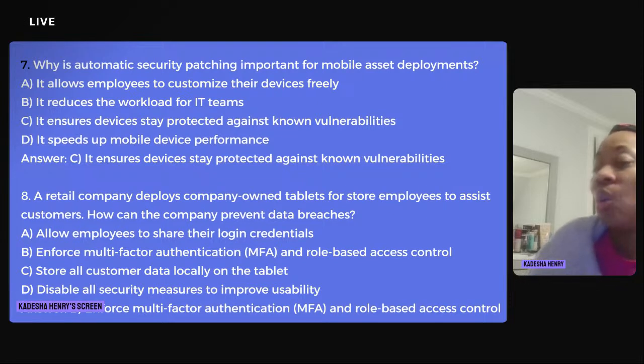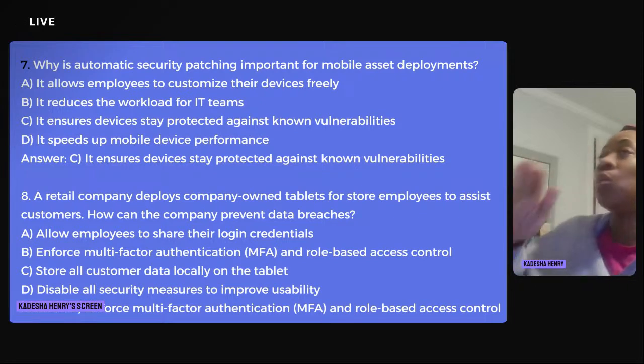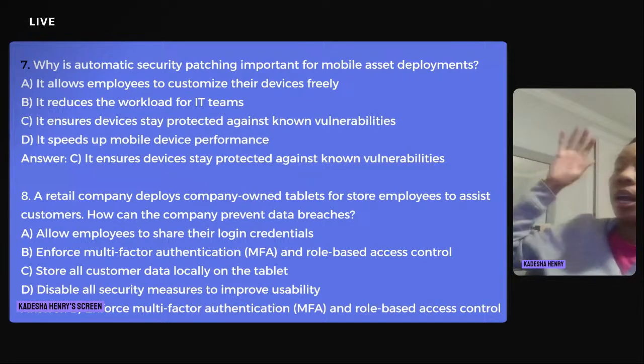Role-based access is basically you only get privileges based on your role, right? You don't go beyond. So if you are an accountant, you only need accountant accessibility. That's your role. You don't need HR accessibility. So that is important, because even if there is a breach, it would not be right across the organization.